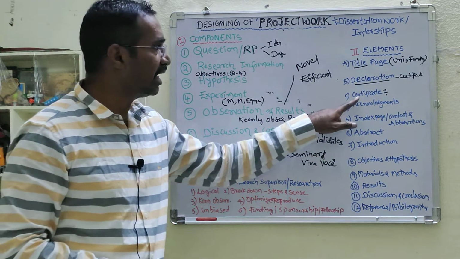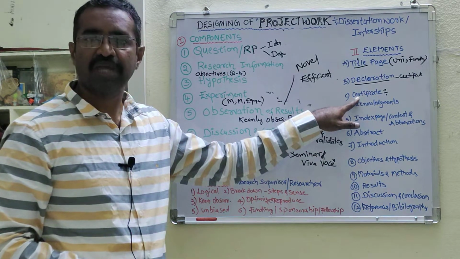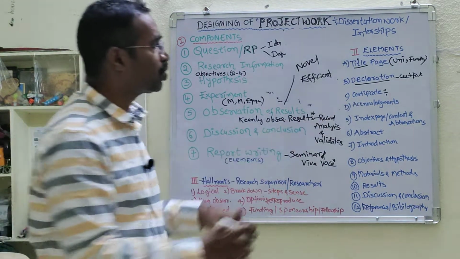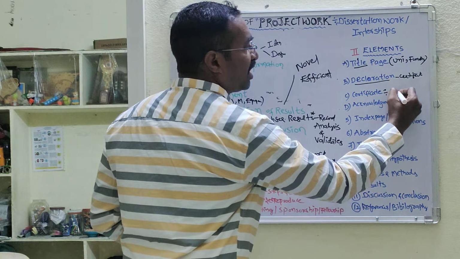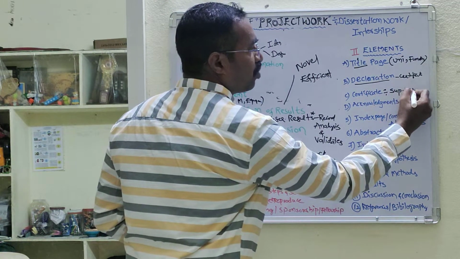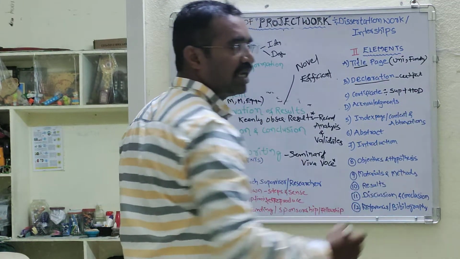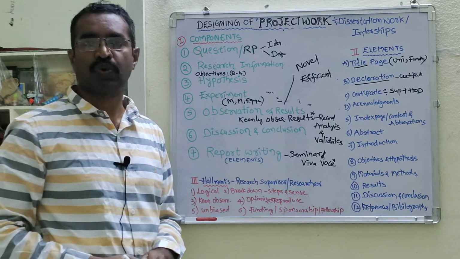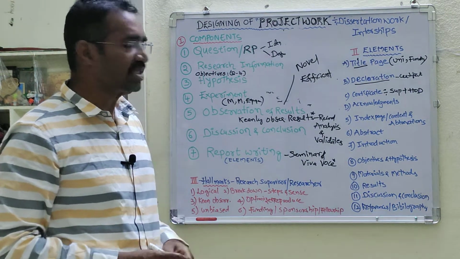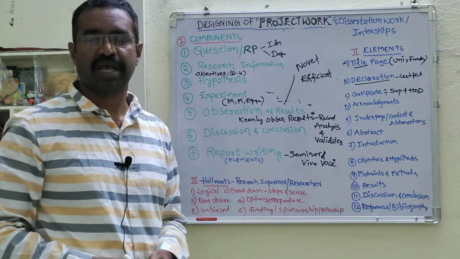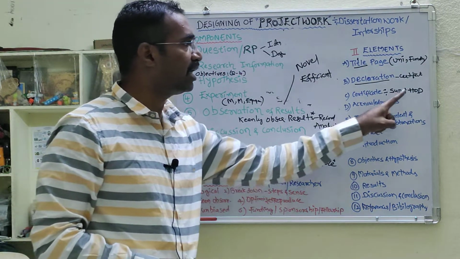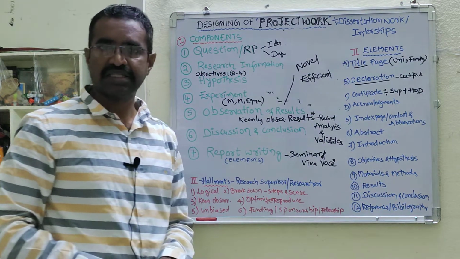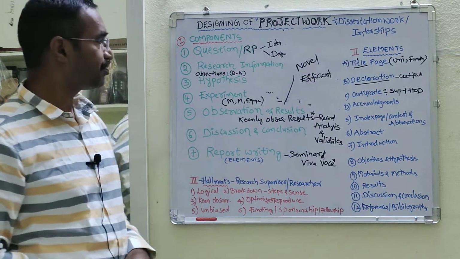So you should get a certificate from the supervisor and also from the head of the department, the HOD. You have to get a letter that this work has been done under the supervision of so and so supervisor. Supervisor is also called a mentor sometimes. You should also get the certificate from the HOD.